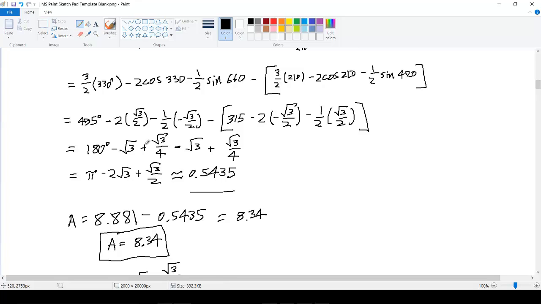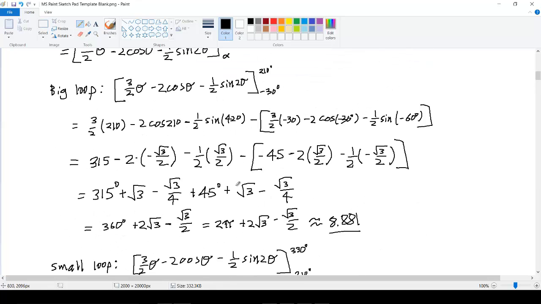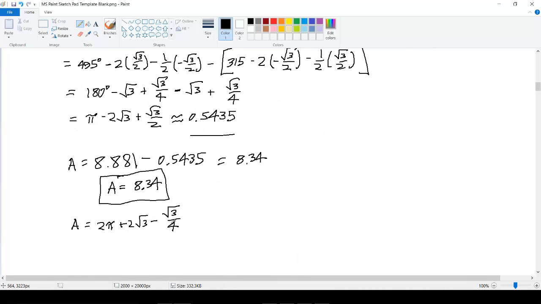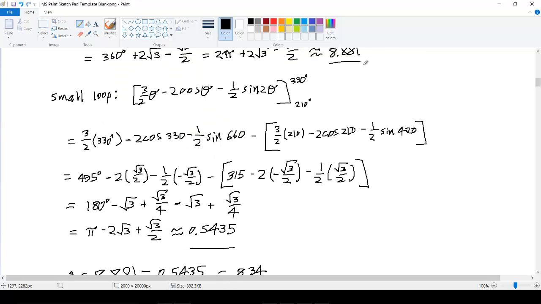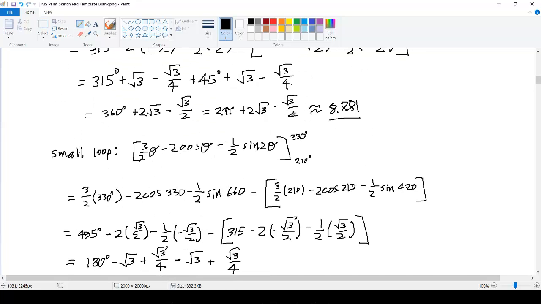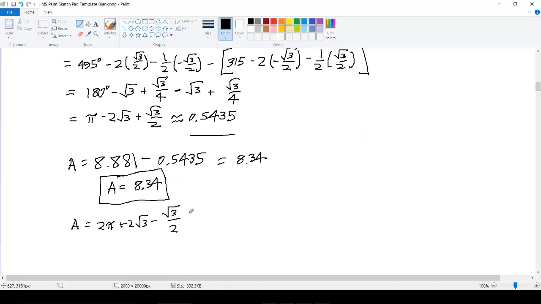Did I make... No, I combined those to get root 3 over 2. Oh, okay, never mind. I was good. This was root 3 over 2. I'm sorry. Yeah. Okay, and then minus pi minus 2 root 3 plus root 3 over 2.